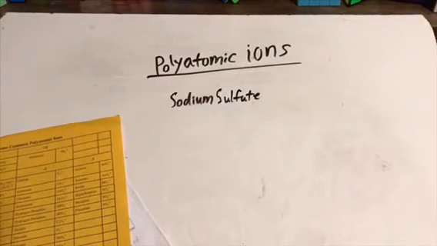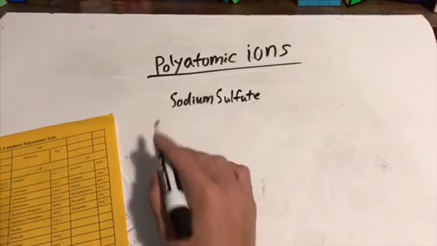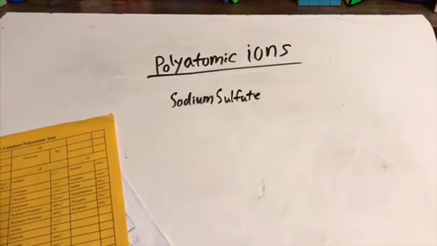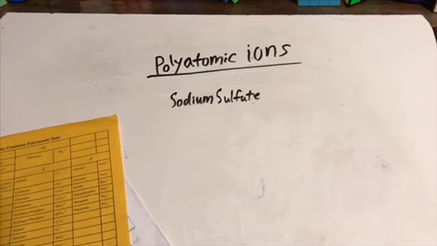Alright, this final example I'll have you try and do on your own. It is sodium sulfate. Okay, if you have not figured it out by now, which I doubt you have, since I didn't give you very long, just pause the video and take your time to try and figure it out. But I'm going to go ahead and go over the answer.